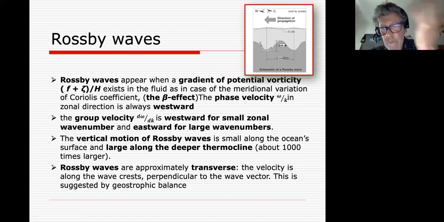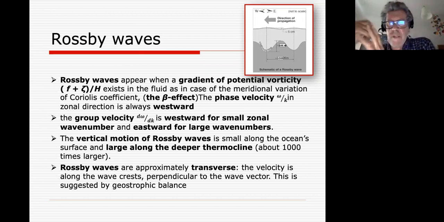You can have more than 1,000 kilometers. And the speed is quite low. I told you that the Rossby waves take 200 days to cross the ocean. So the order of magnitude of velocity is less than one meter per second. So they are very slow, probably the slowest wave in the ocean.